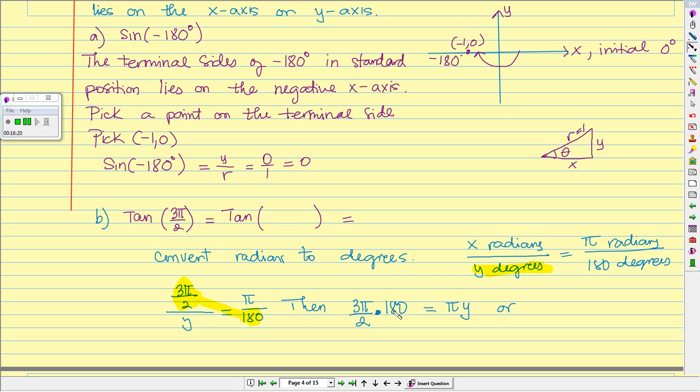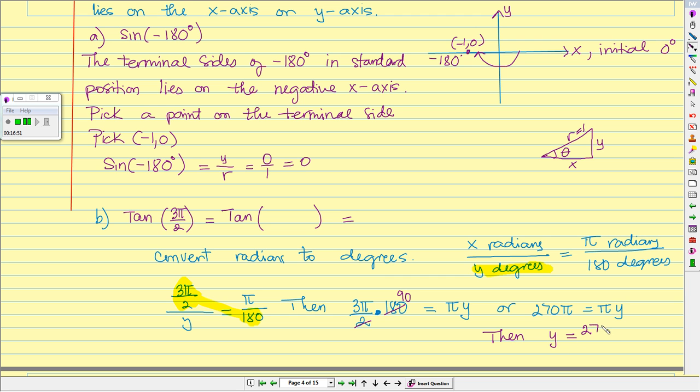If I simplify the product on the left-hand side, 180 divided by 2 is 90. So 90 times 3 is 270 pi, which equals pi times y. I'm going to divide both sides by pi.